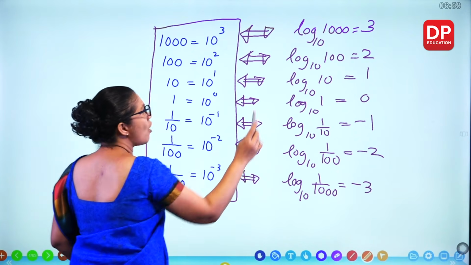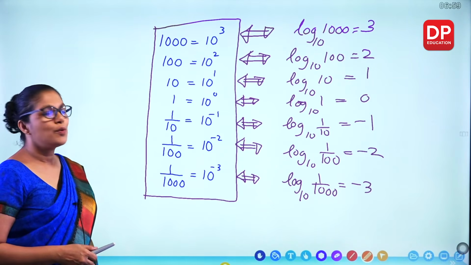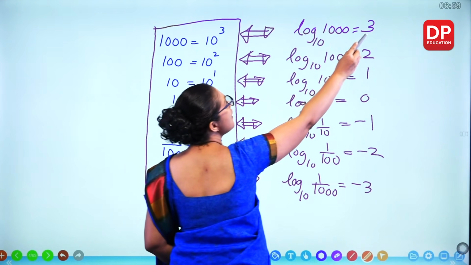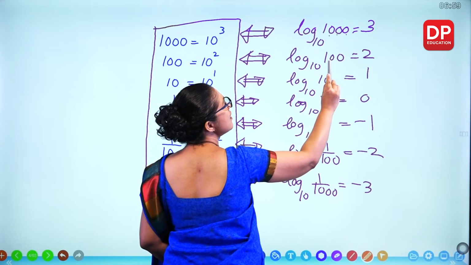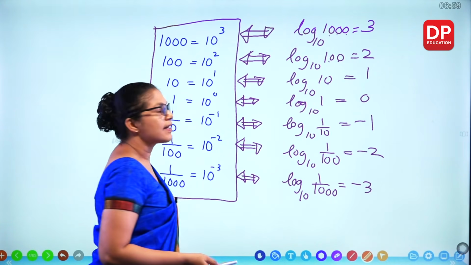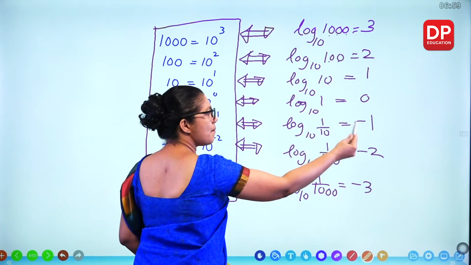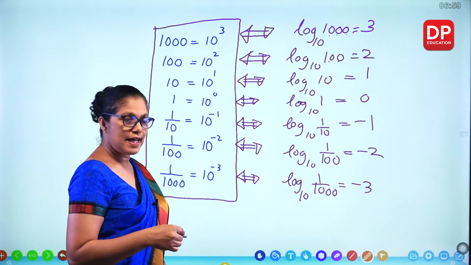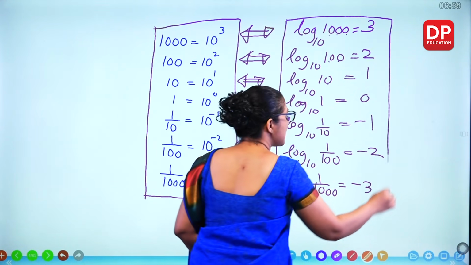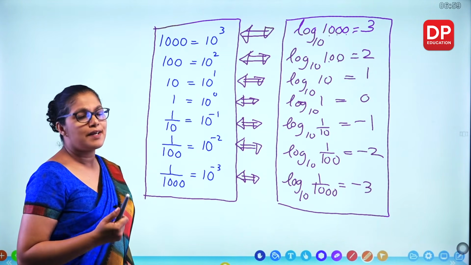Now when you look at the logarithmic value, what's the easiest way to remember? When you get tens, what happens to the logarithm? 3: 1, 2, 3 zeros. Here you get 2 zeros, here 1 zero, and here no zeros, that means nothing. Here in the denominator you get 1, so that becomes minus 1. 2 zeros in the denominator, minus 2. So we can see when you get tens, the logarithmic value is the same as the number of zeros.